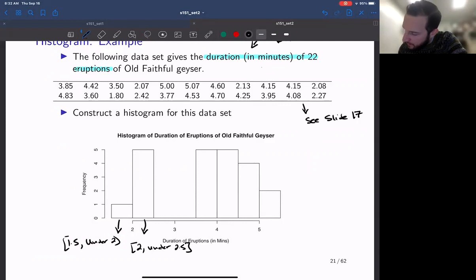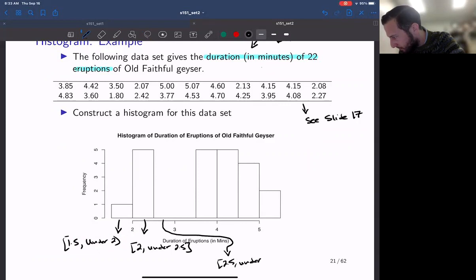But technically here would be the next bin. So this would be 2.5 to under 3. And then we continue to progress until all of our bins have been accounted for. And then what we do is we simply draw the bar to the height of whatever variable we are interested in. So for example, we're using a frequency histogram.